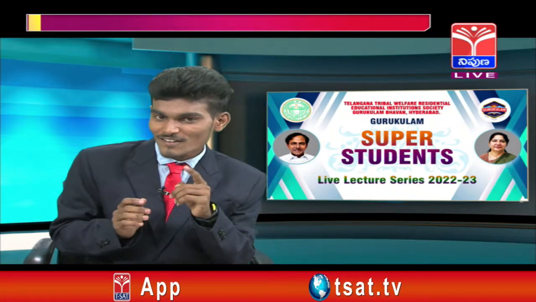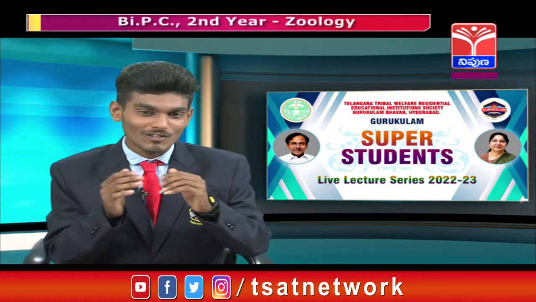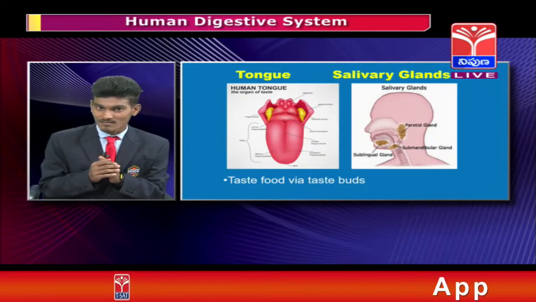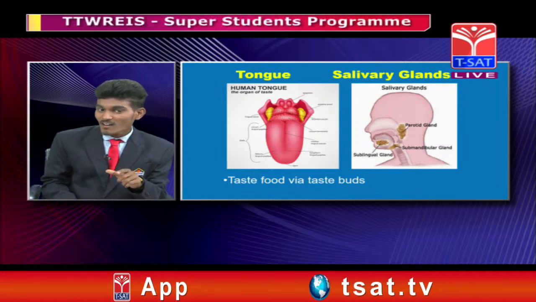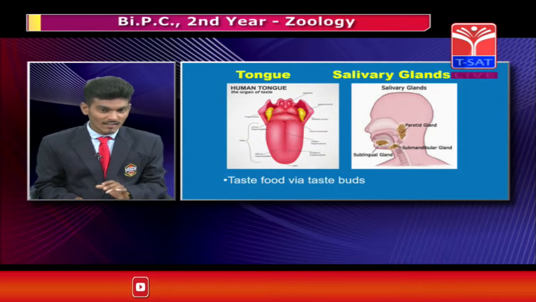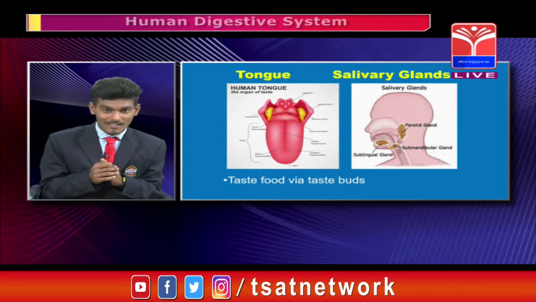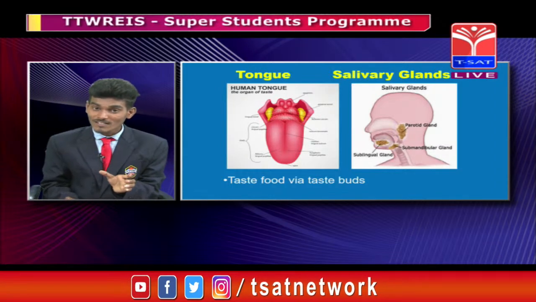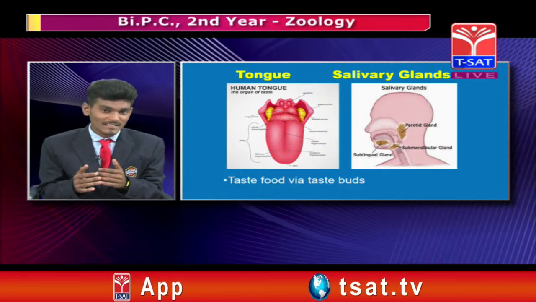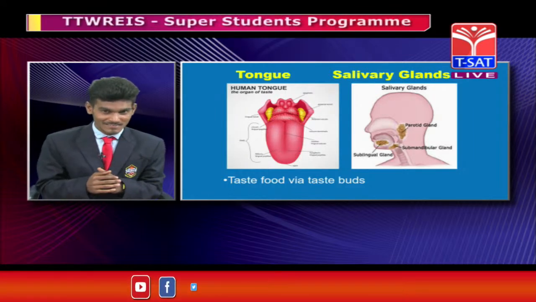Go through the first one, fungiform papillae. The fungiform papillae sense the sweet taste or salt taste, and are present at the anterior part of the human tongue. The circumvallate papillae are present at the posterior part of the tongue and sense the bitter taste. When we swallow medicines, after swallowing the medicine, we feel a bitter taste.